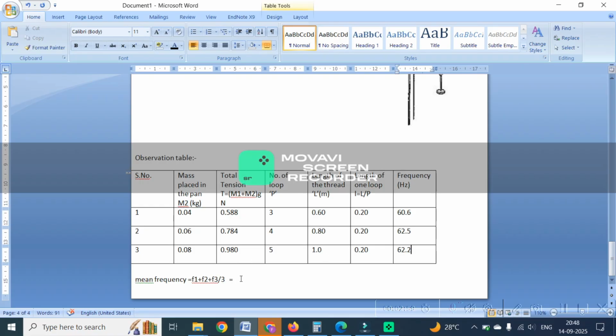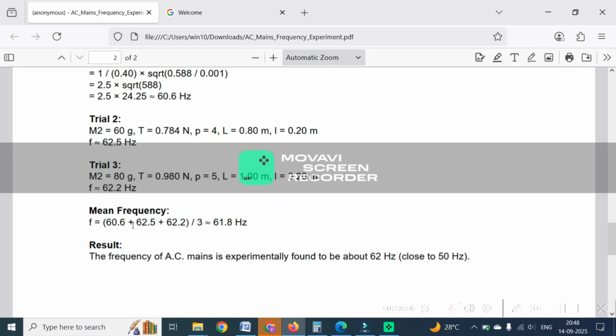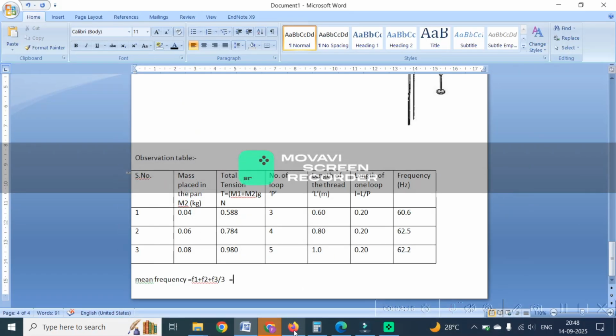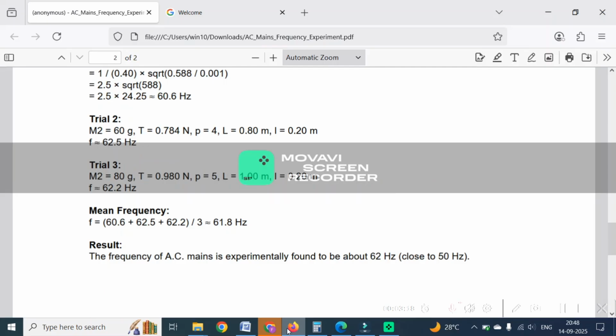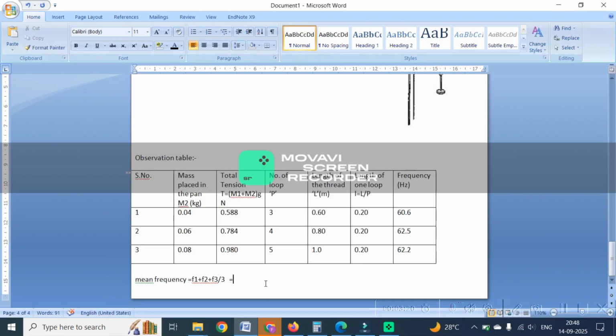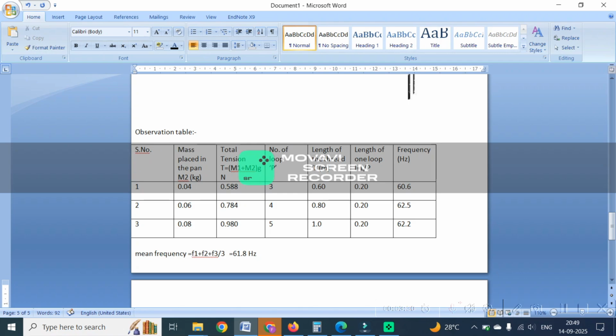So 60.6, 62.5 plus 62.2 divided by 3 is 61.8 hertz. You have to write 61.8 hertz here.